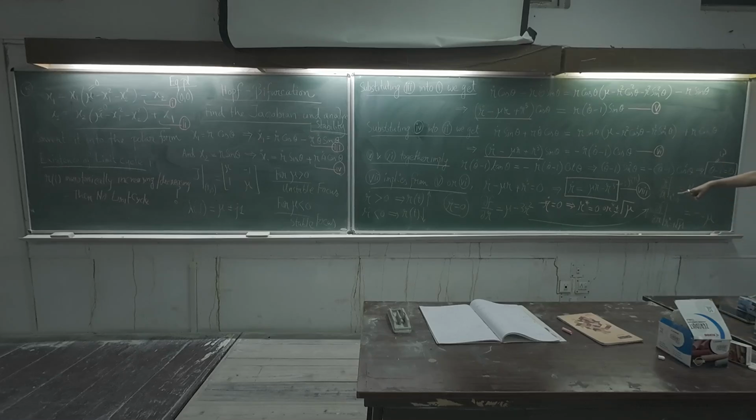Now the situation is more or less comparable with our earlier situation. One equilibrium point is r star equals 0 and theta star equals t. The other one is r star equals plus root over mu, comma t. That is my equilibrium point.